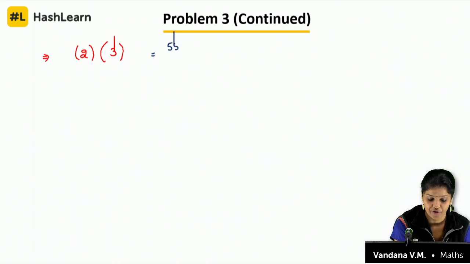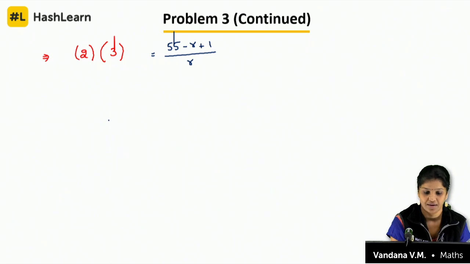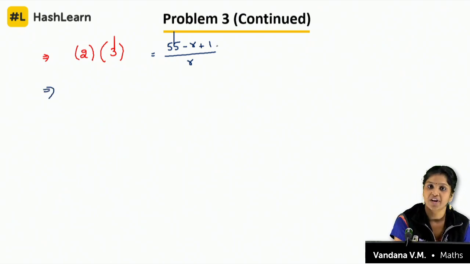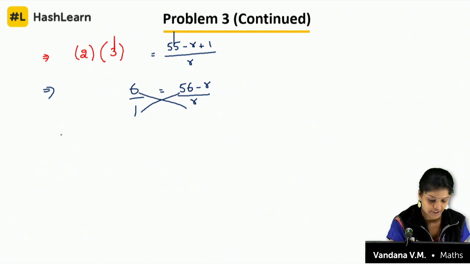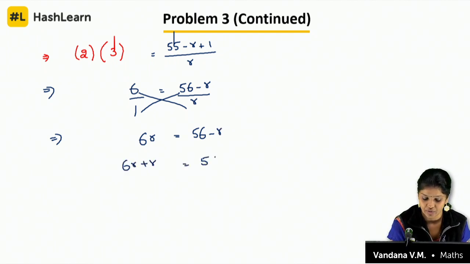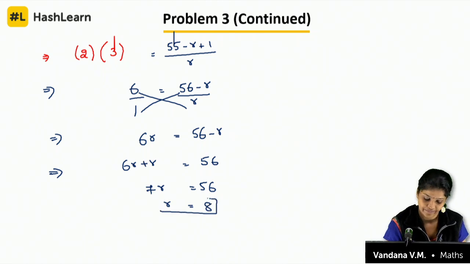Yes, 55 minus R plus 1 divided by R, that implies (55 plus 1 is 56 minus R) divided by R. 3 2s are 6. Now do the cross multiplication. 6R is equal to 56 minus R. 6R plus R is equal to 56, that is 7R is equal to 56, R is equal to 8.